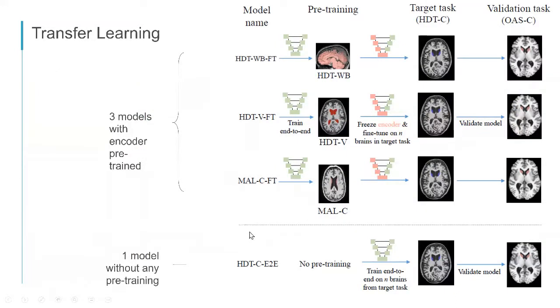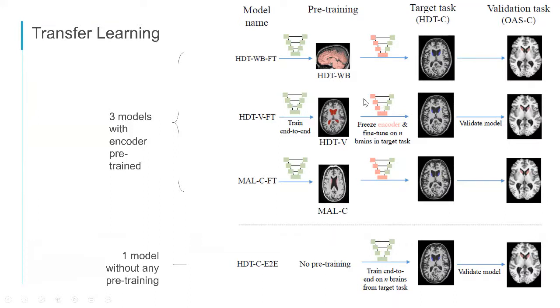So this is our workflow here. If we consider the middle row, say, the basic premise is to take one of these pre-tasks. So in this case, this is the HD trial, ventricle labels. We begin by training the entire network on the lateral ventricles, the manually segmented lateral ventricles.